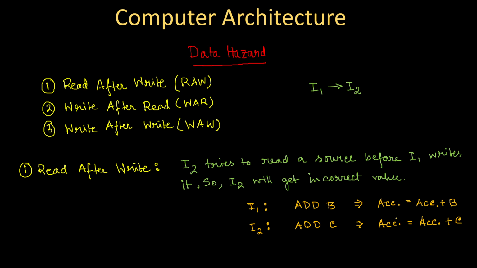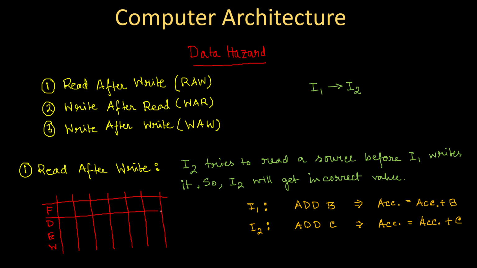Now if these instructions enter the pipeline one by one, what will happen? Let me draw the corresponding diagram for the pipelining situation. We have four stages: fetch, decode, execute and write back. This table is a reservation table representing the pipeline situation for this case.